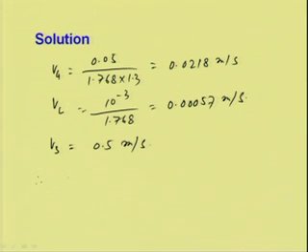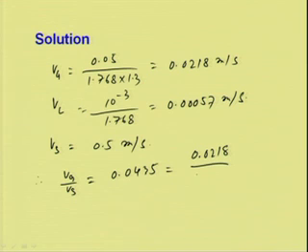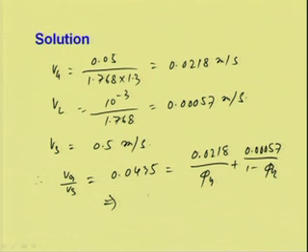So, Vg by Vs is equal to 0.0435. So, we can write this as 0.0218 by phi g plus 0.0057 divided by 1 minus phi g. From this we can calculate phi g is equal to 0.515.